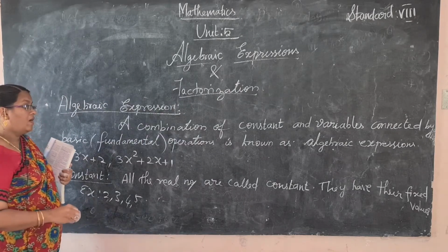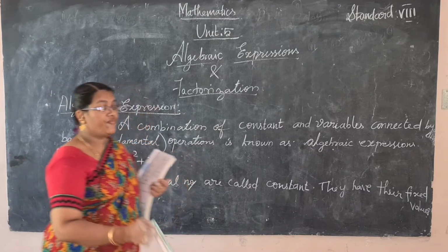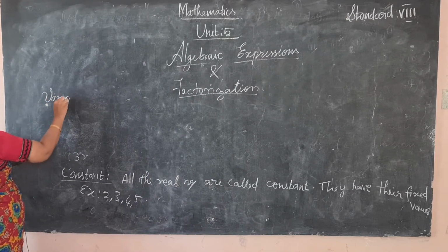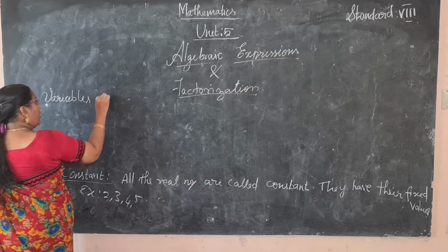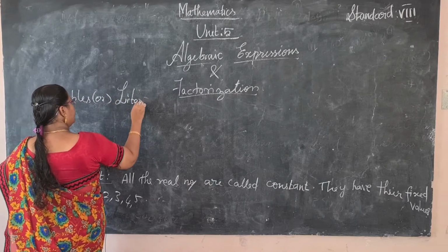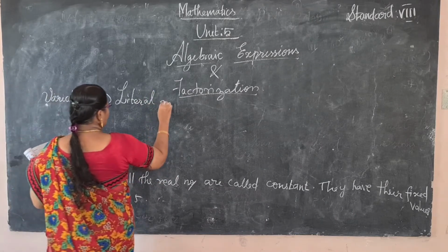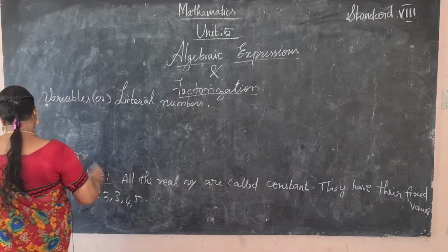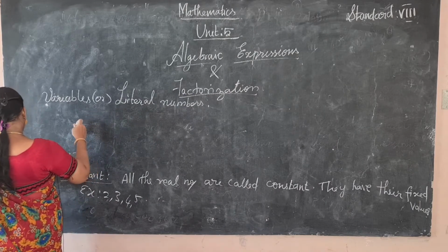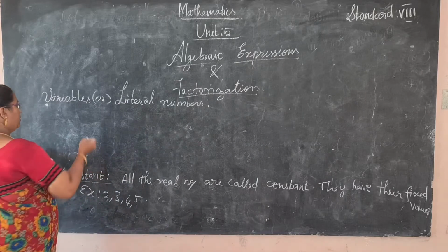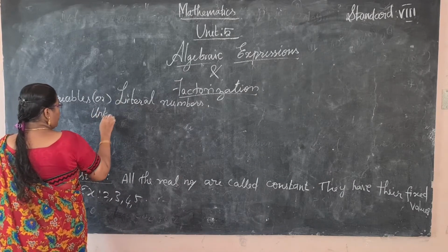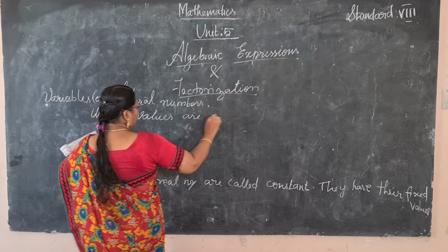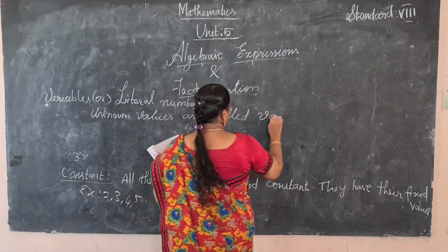And the next one is variables. Variables are literal numbers. Unknown values are called variables.